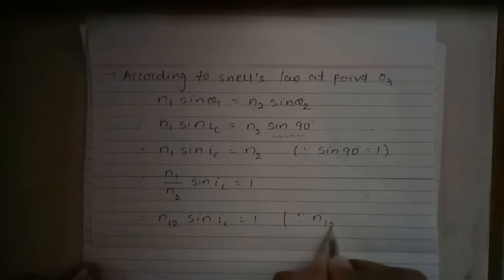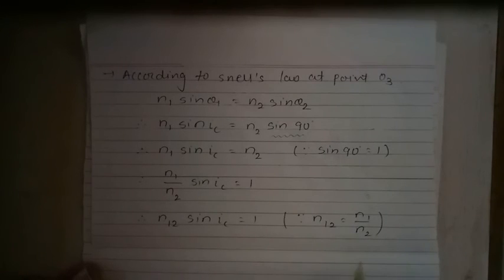We know that n12 is equal to n1 upon n2, which is the refractive index of medium 1 with respect to medium 2. So we can write that n12 is equal to 1 upon sin IC.